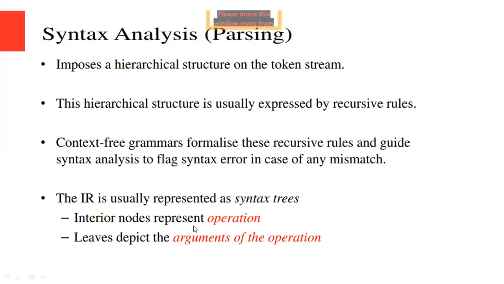And interior nodes represent operations and leaves represent arguments of the operation. Where operations are represented: in the interior nodes, for example the root node and the different nodes, we use operations, and we use the operands as leaves. For example, in the previous example, ID1, ID2, ID3 and a constant are given. So ID1 is one leaf, ID2 is another leaf, ID3 is another leaf, and the constant is another leaf. In this way we are using leaves and functions or operations.